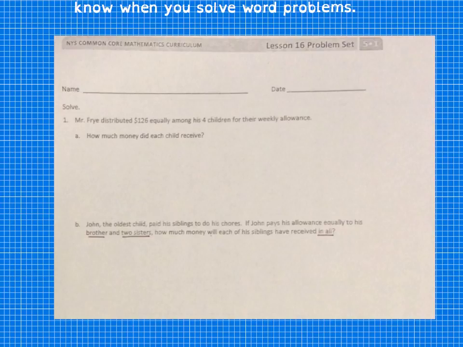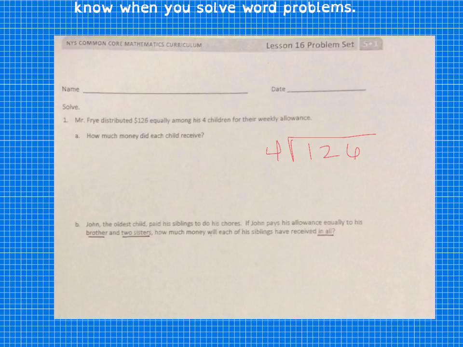When I distribute something equally among a certain number of people, I am, you guessed it, dividing. So I am dividing.